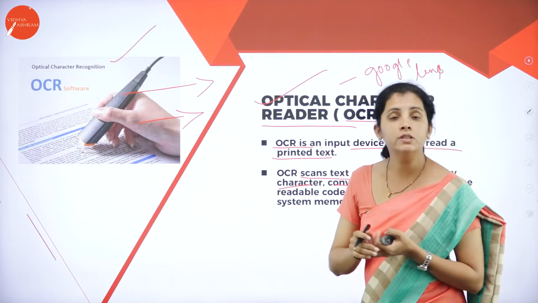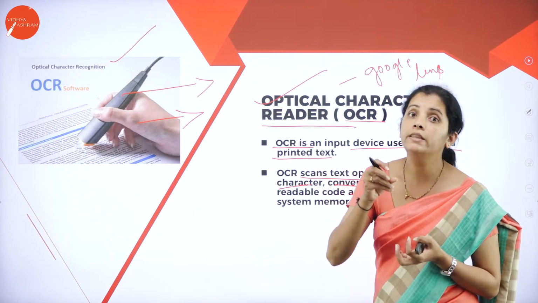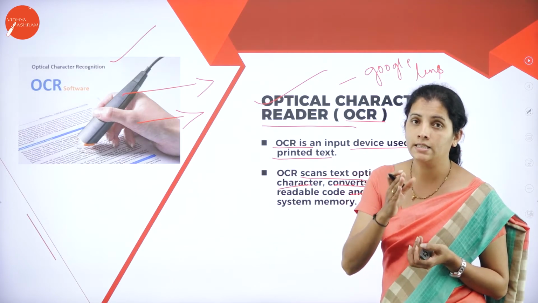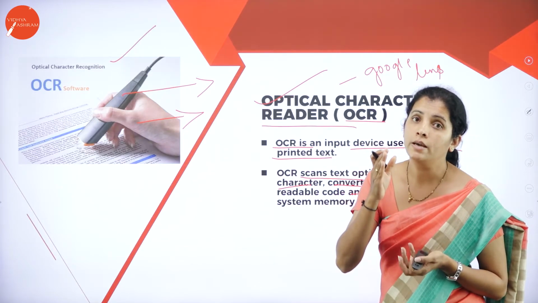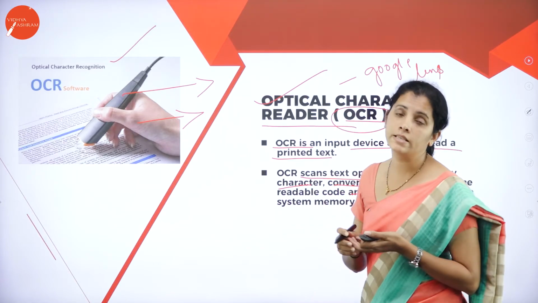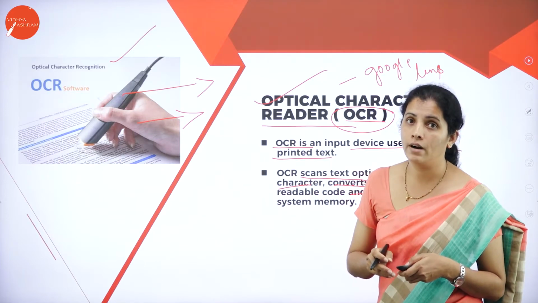By using Google Lens, one can read the data which is printed on the text or on the paper. So here OCR is the best example of a source data input device.